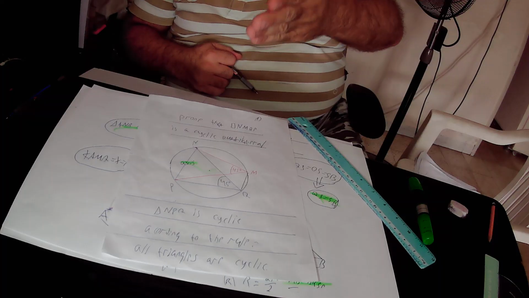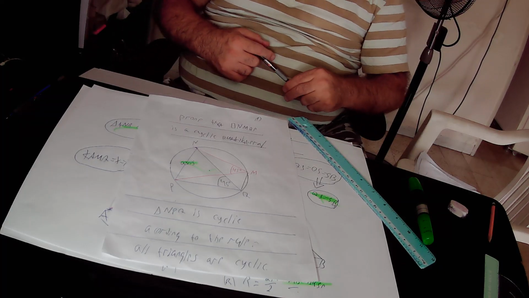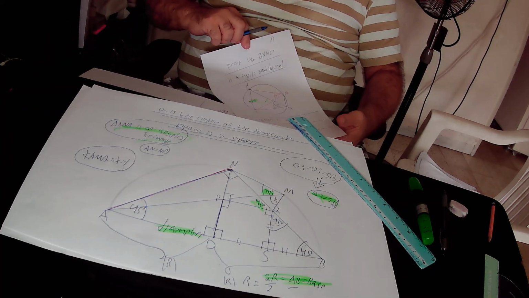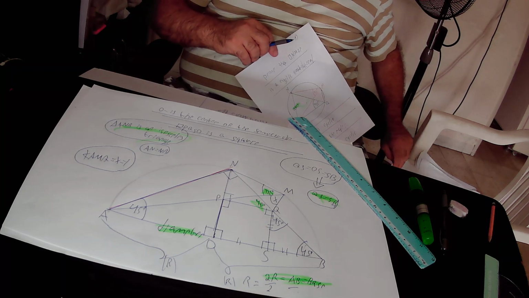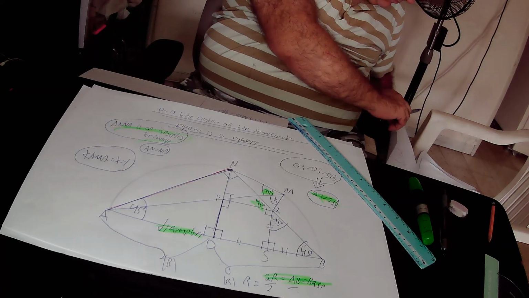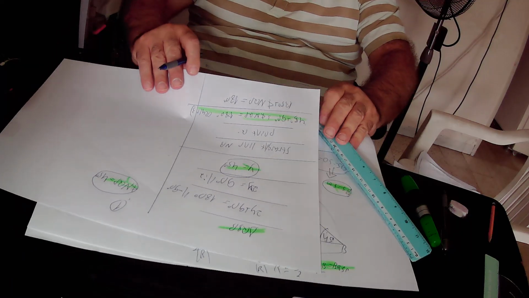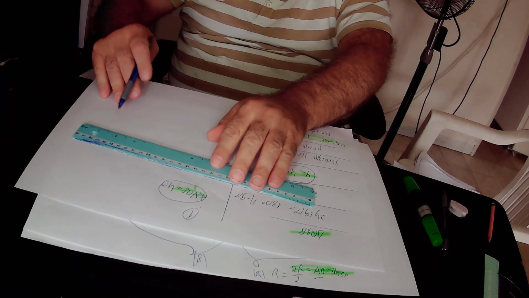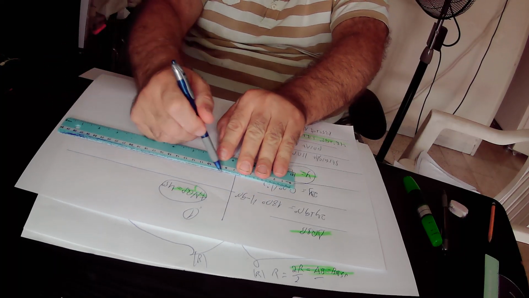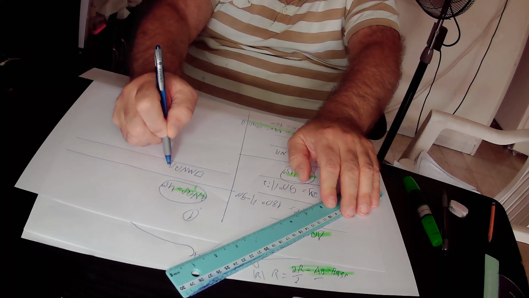Therefore, quadrilateral NMQP is a cyclic quadrilateral. We proved in two different ways that quadrilateral NMQP is a cyclic quadrilateral.